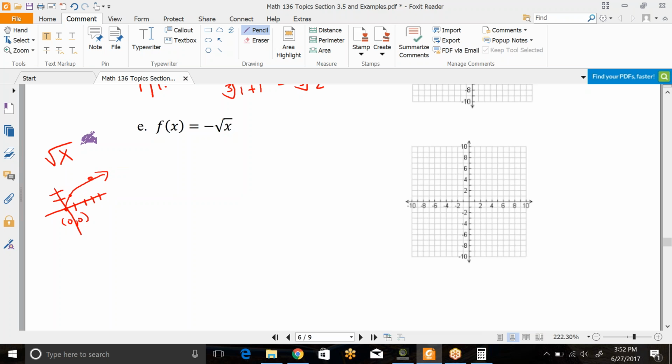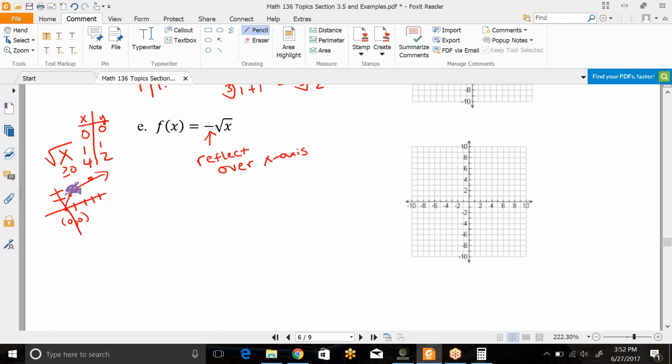And remember, I don't know those always off the top of my head. Sometimes I have to do the chart, but you do have to keep your chart in a domain that makes sense, so no imaginary numbers. So 0, 1, and 4 are all perfect squares that are easy to plug in. Okay, so that's my parent. So that's the generic shape that I'm building off of. A negative in front means to reflect over the x-axis.